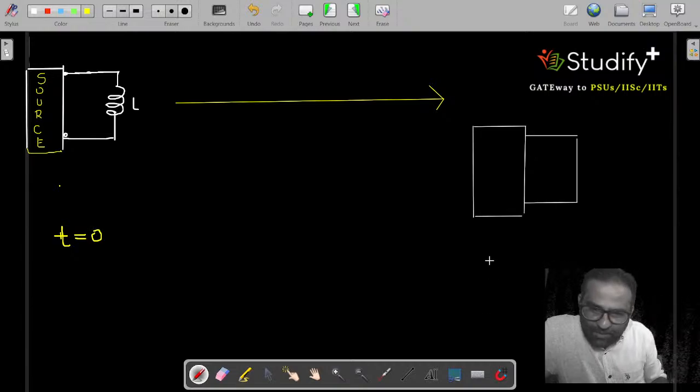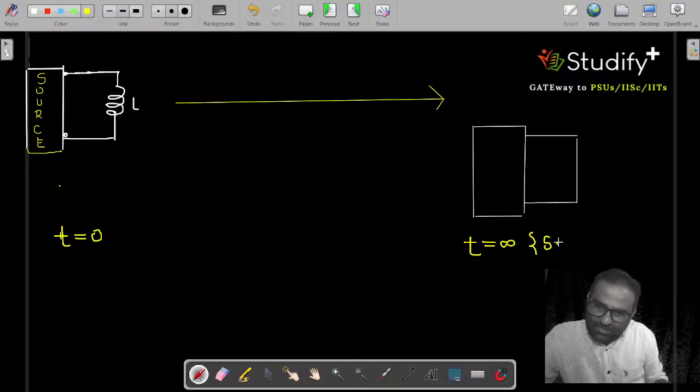If you want to measure the current at t equal to infinity, that is in a steady state, this t equal to infinity is known as steady state. So in a steady state, you can measure the current you are connected to the same source.